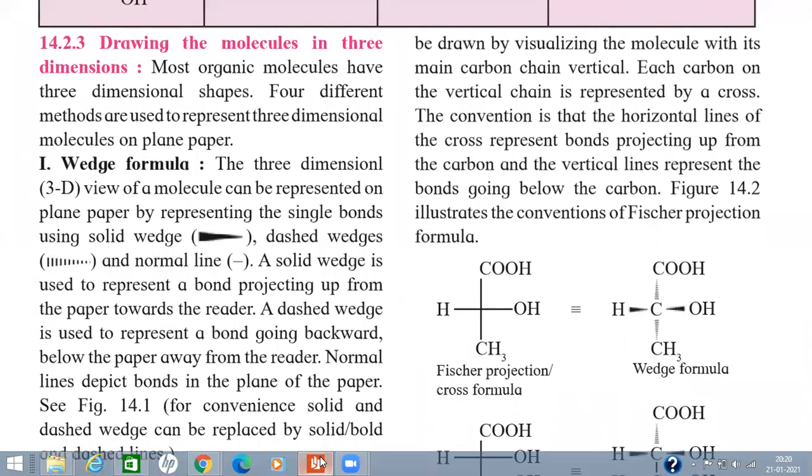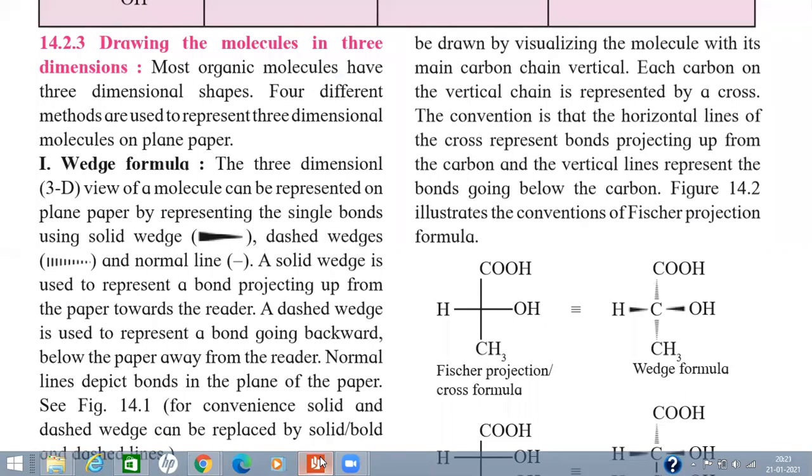Good morning, students. Today we will study how to draw molecules in three dimensions. We had studied two-dimensional representation of molecules by using dash and dot formula, that is called the electronic structure.